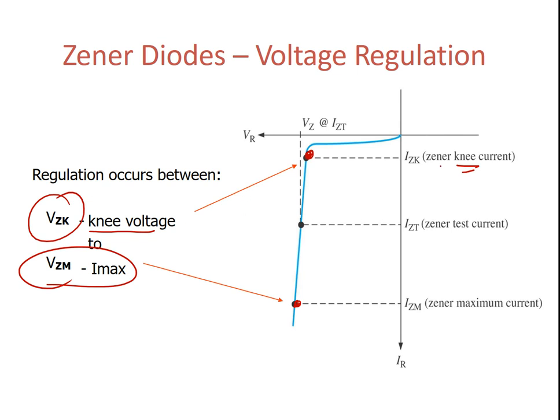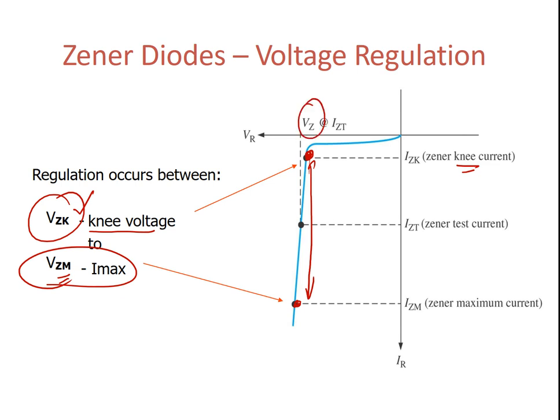For the knee current value, there is one Zener voltage value. For the maximum current, there is another Zener voltage value. So if you change your voltage in between this range, you will get a constant voltage.